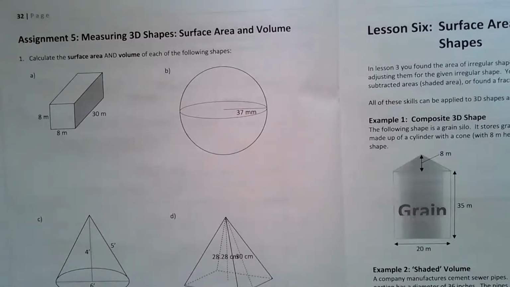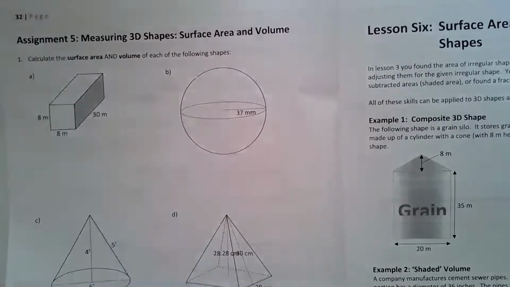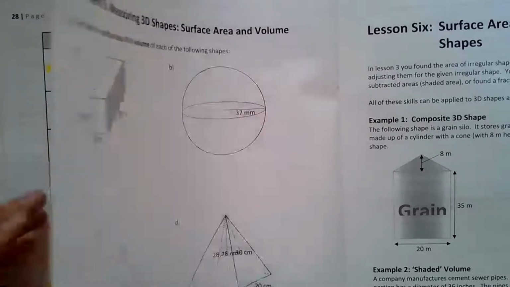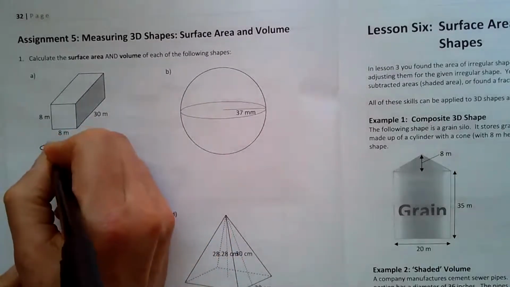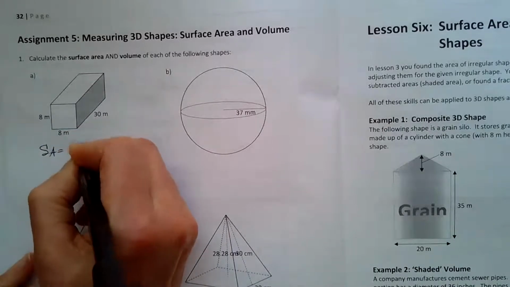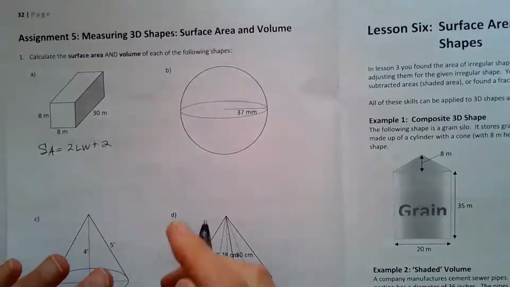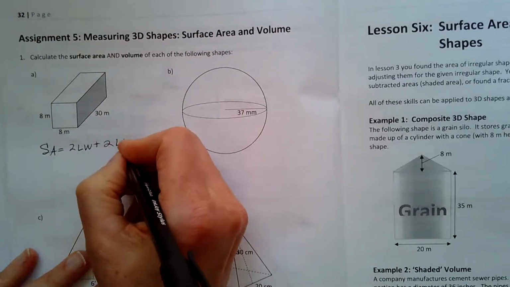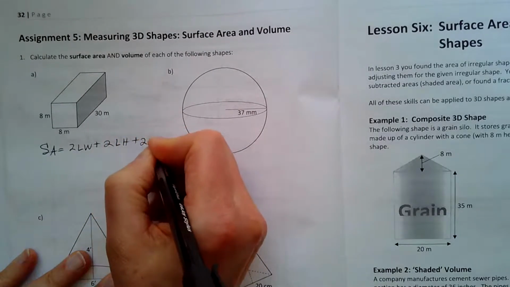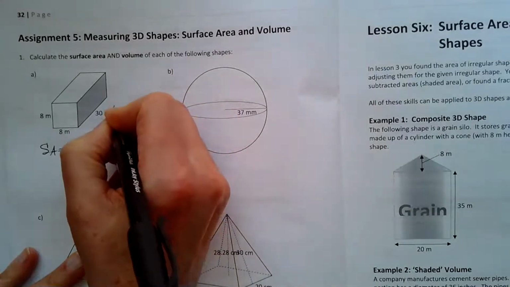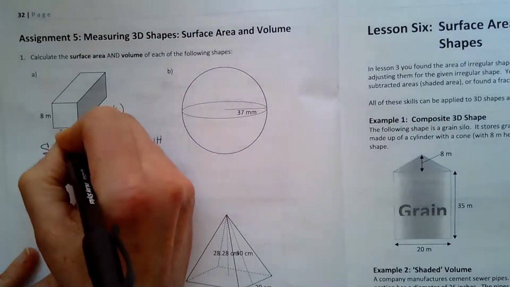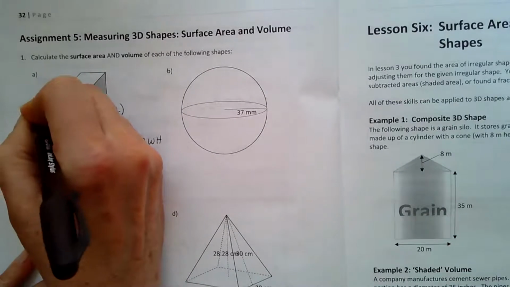We can see that the surface area of the box, or the rectangular solid, I'm just going to quickly look. So remember we have 2 LWs and 2 LH and 2 WH. The order doesn't really matter. This would be length, width, height.